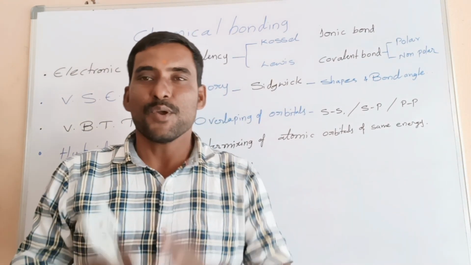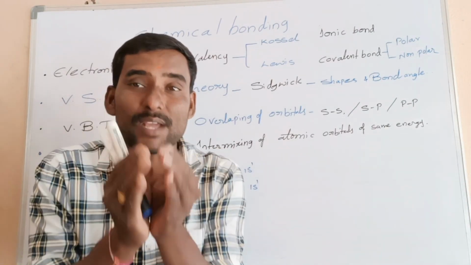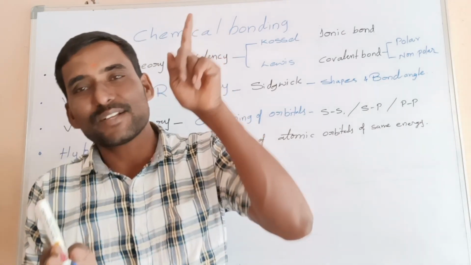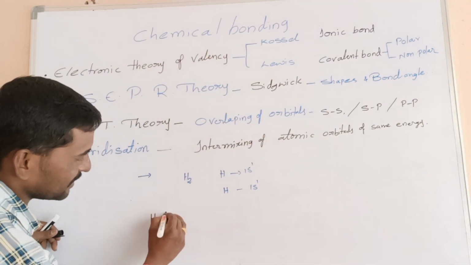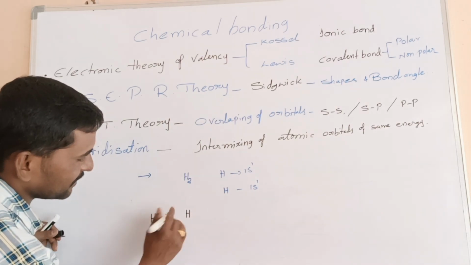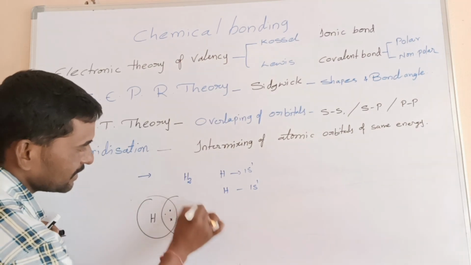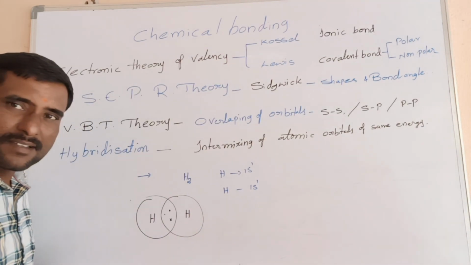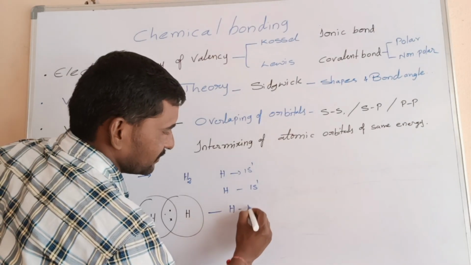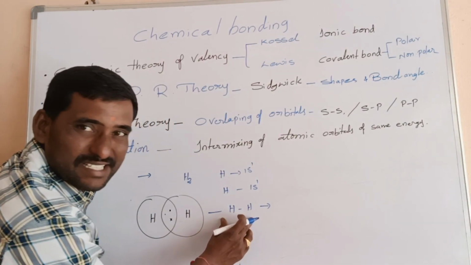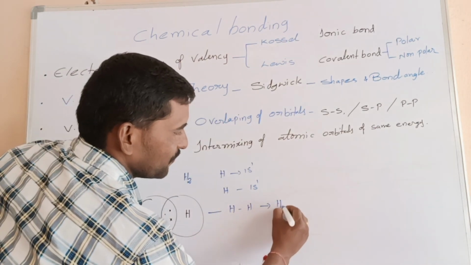So both atoms donate 1 electron, and the 2 electrons are shared by the 2 atoms and form 1 covalent bond, H-H. A single line means a covalent bond, a single bond. Now H2 is formed.